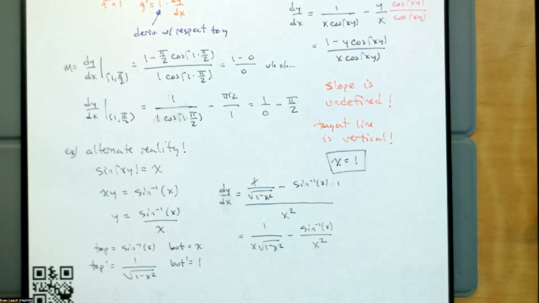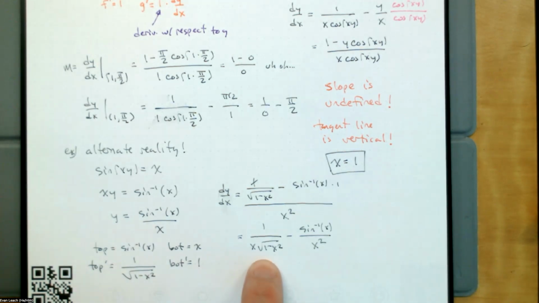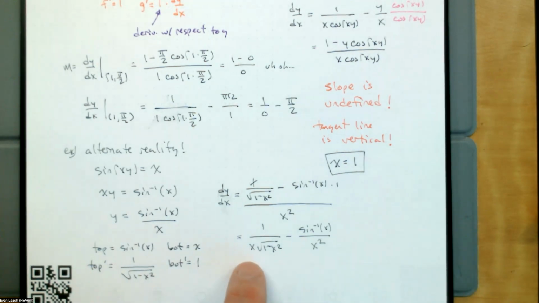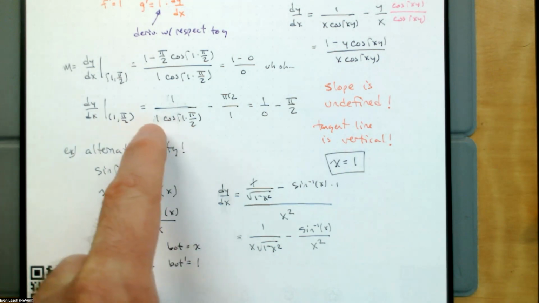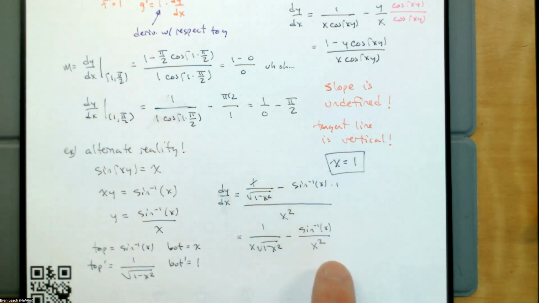Now I want to take dy dx and evaluate it when x is equal to 1. We see the same thing happens. This still works out to 0. In fact, it still works out to 1 times 0, right down here. And this still works out to pi over 2 divided by 1. The sine inverse of 1 will be pi over 2, and 1 squared will be 1.